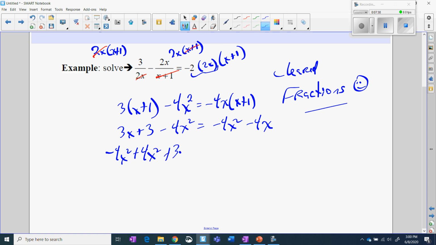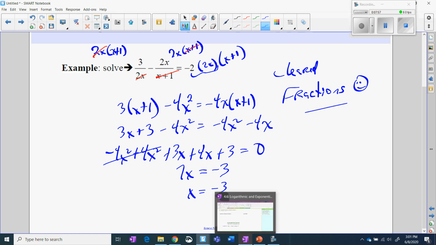I've got a positive 3x, I'm going to add 4x, I've got plus 3, and that equals 0. So now I've got 7x equals, take the 3 back over there because now it's linear. Divide both sides by 7, and our answer is negative 3 over 7.